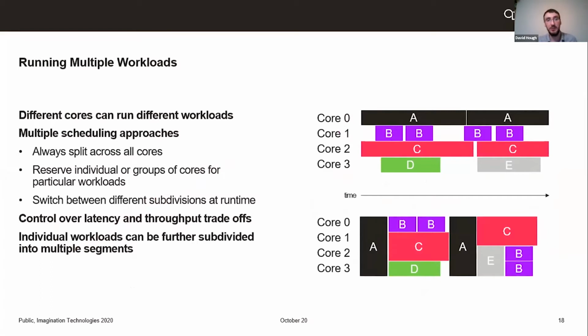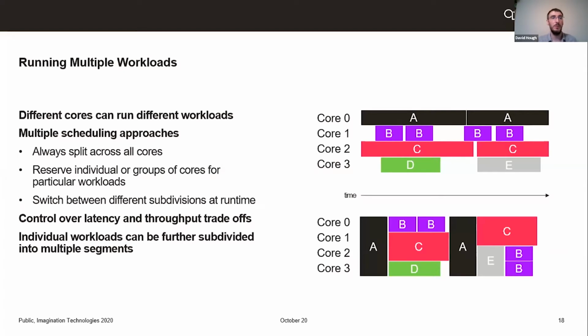Obviously, the simplest approach is to always split every network across all cores and only run one network at once. But we also have some other options, which the diagrams on the right are trying to show. Firstly, you could reserve an individual core, or multiple cores or groups of cores, for particular workloads, so that they're not interfered with by whatever's running on the other cores.